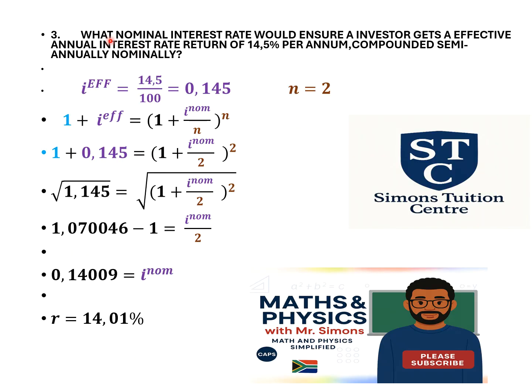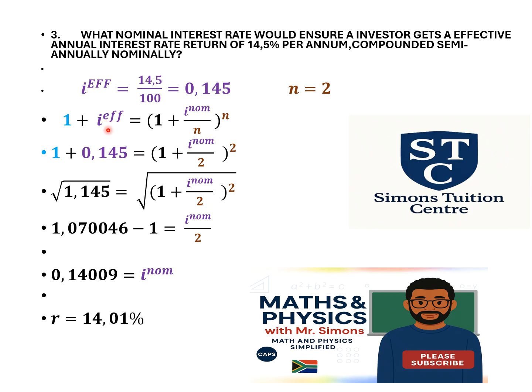Right, we can also test this in reverse. What nominal interest rate would ensure an investor gets an effective annual interest rate of 14.5% per annum, compounded semi-annually? So my nominal rate is compounded semi-annually or half-yearly. So i effective is 14.5 over 100, which gives me 0.145, and n equals 2.